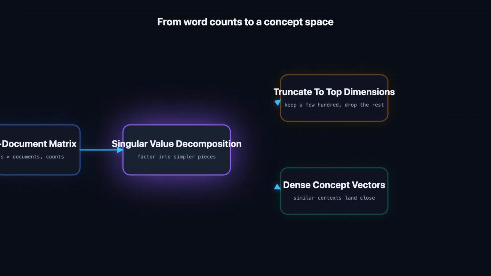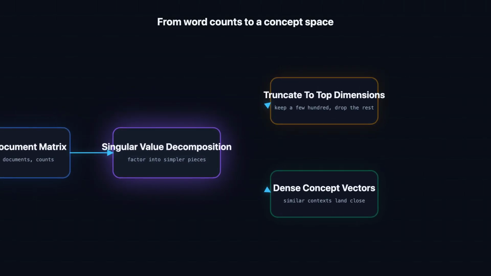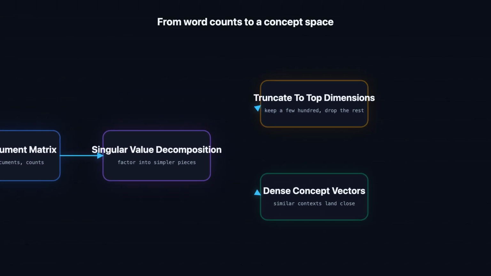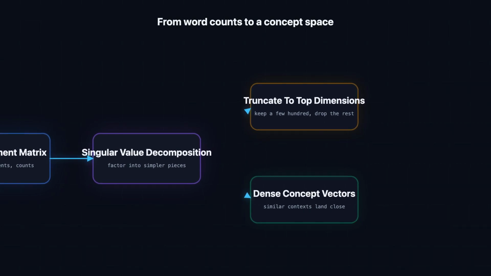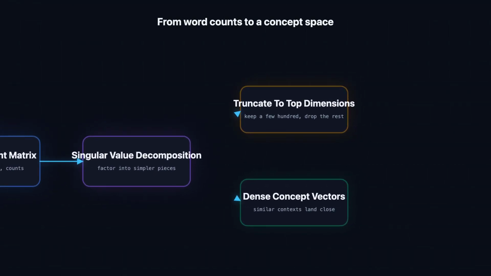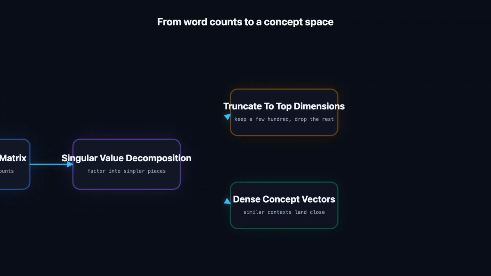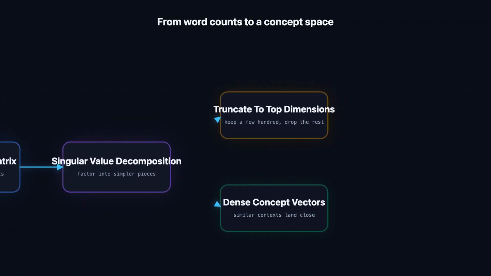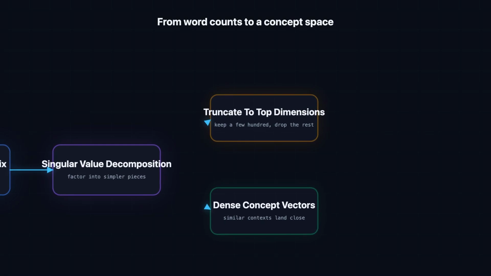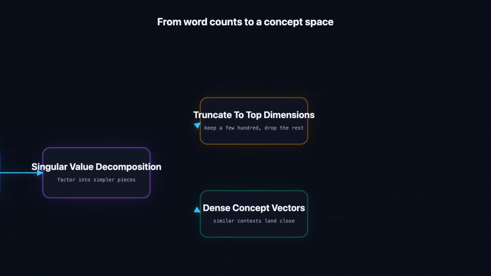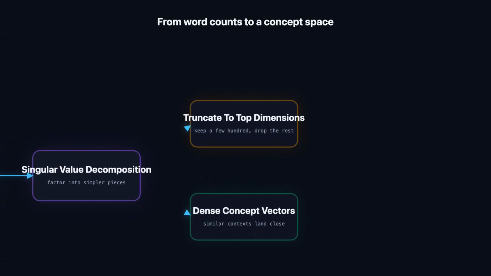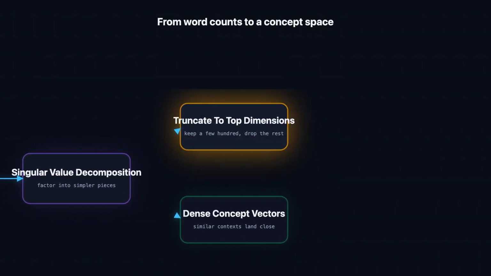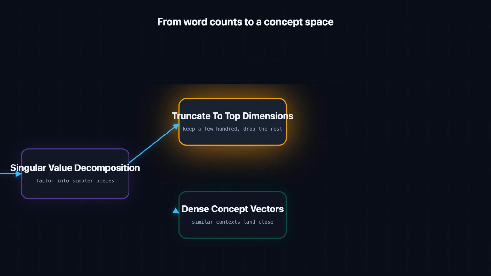Now comes the mathematical heart. We apply singular value decomposition, a standard way to factor that big table into simpler pieces. Think of it as pulling out the strongest patterns of word and document usage hiding inside all those counts. Rank from the most important pattern down to the faintest one. Then we throw most of it away on purpose.